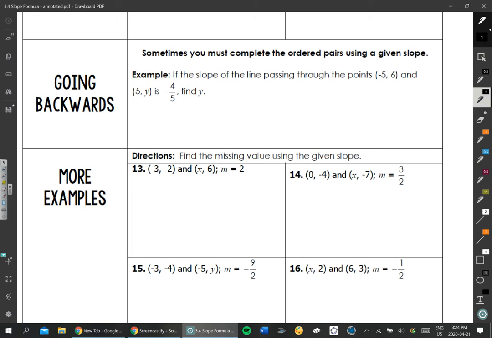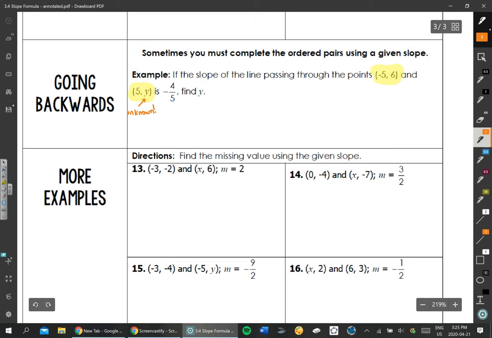So, for example, let's do this together. The slope of a line passing through the points negative 5, 6, and 5, something, meaning we don't know that y value. That y value is unknown.